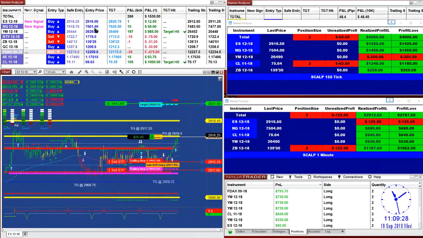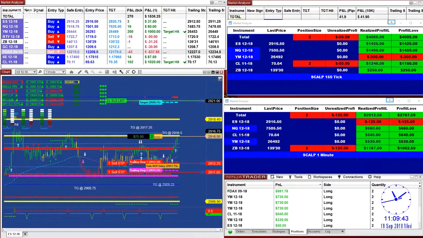On the pullback re-entry, you have 29.16 as a re-entry and 5075.0150 as a re-entry point. So right now we are in those trades on the Nasdaq and ES.